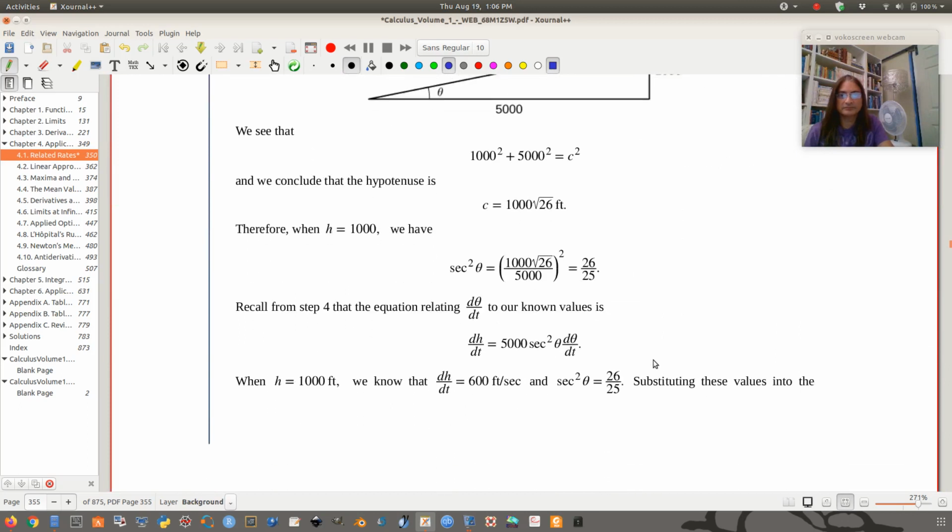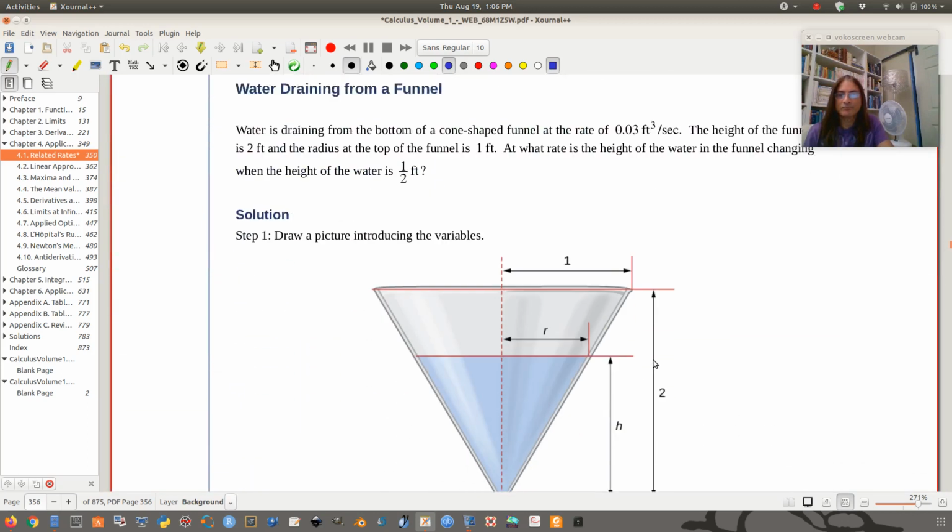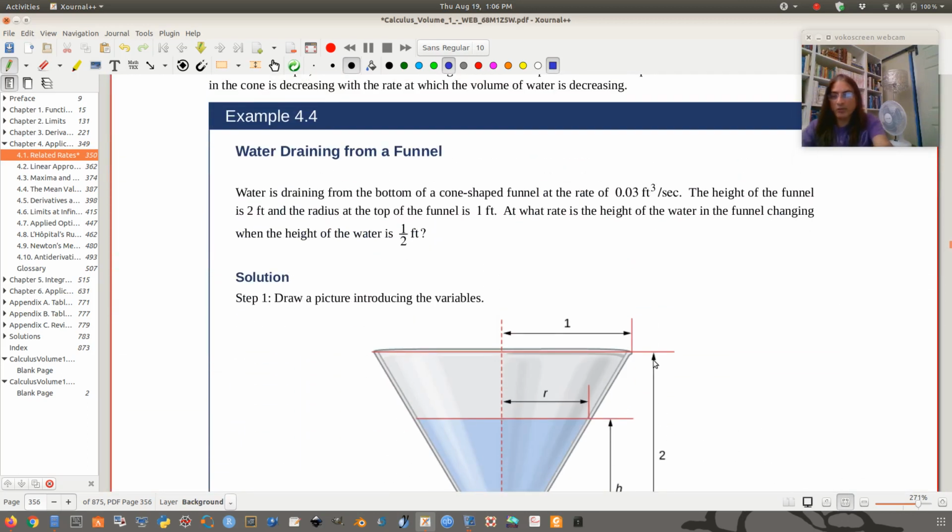Okay, now water is draining from the bottom of a cone-shaped funnel at the rate of, so again, the volume of a funnel, if you remember, is 1/3 of the volume of a cylinder with the same radius and height.